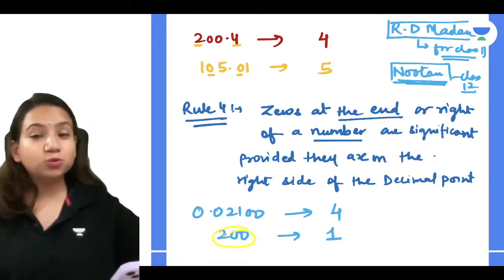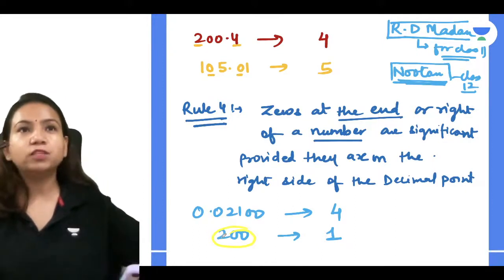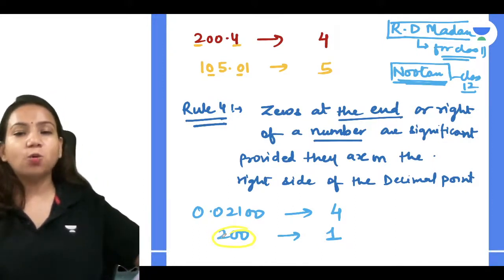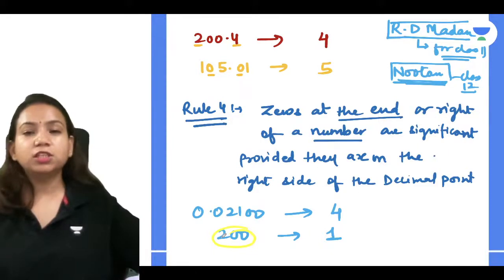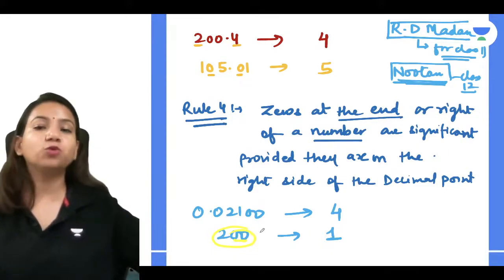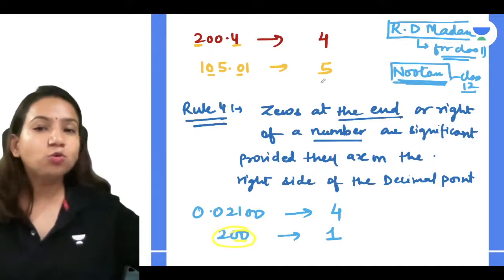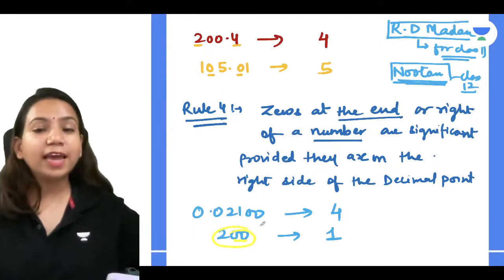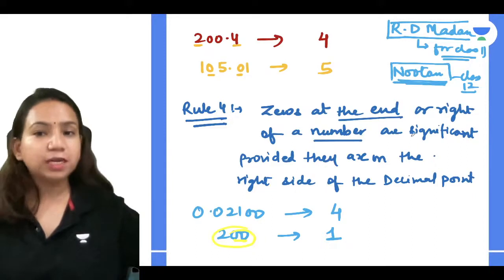This is according to the rule, because out of this 200 value, the two zeros you can get as different values for different results, but the 2 is going to be fixed. So this rule is fixed that zeros at the end or right of a number are significant.